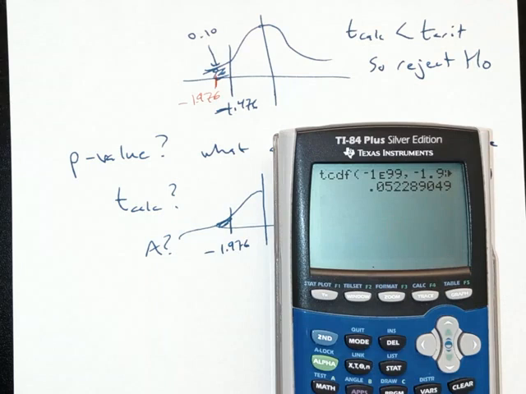Is this bigger than or smaller than my level of significance? What's my level of significance? That's alpha. That's 0.1. This is smaller than that, right?